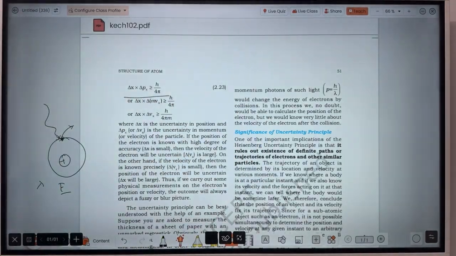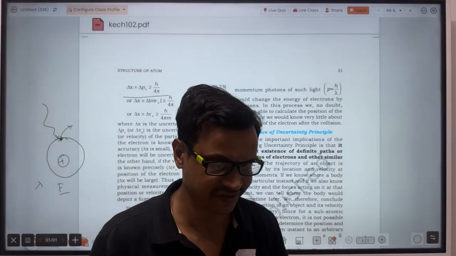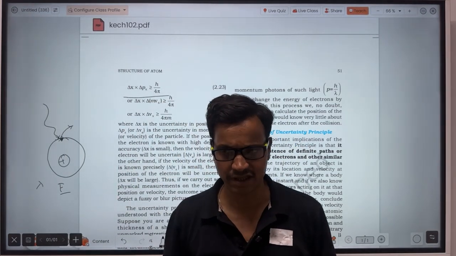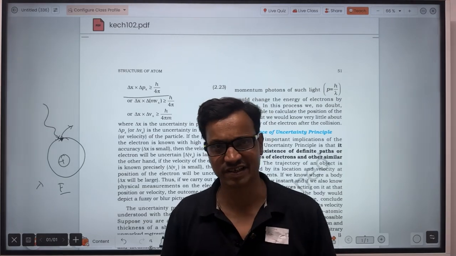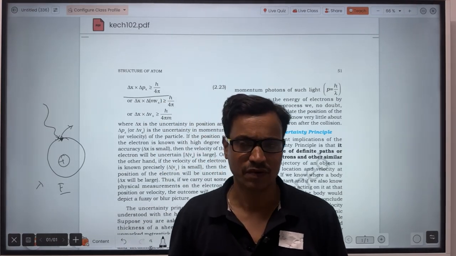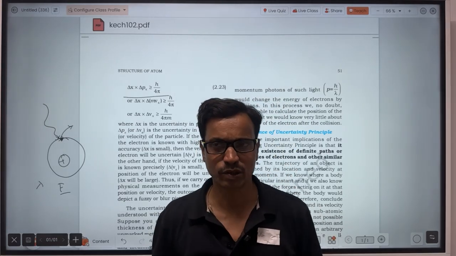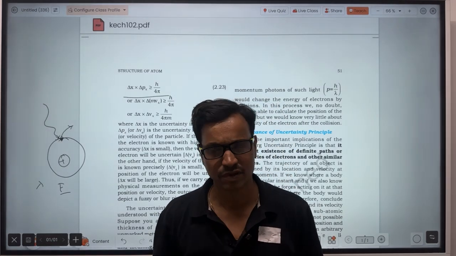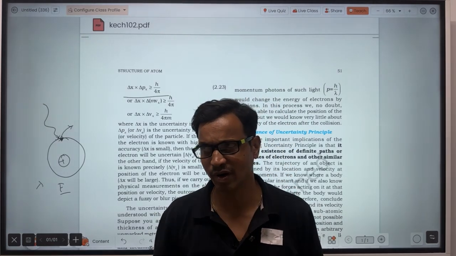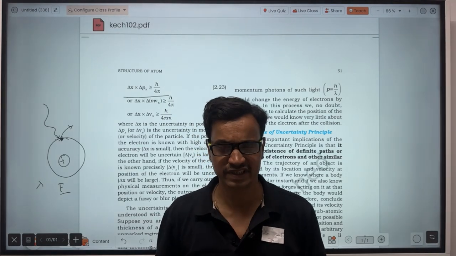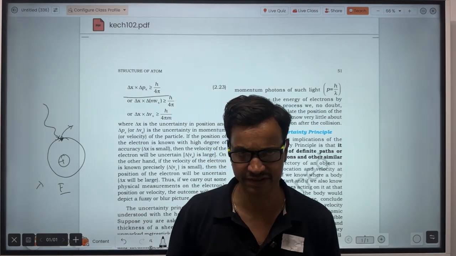And when you take a photon of larger wavelength, then there will be inaccuracy in the position of the electron. That's the reason Heisenberg's uncertainty principle states that we cannot calculate both position and momentum of the electron accurately beyond a certain limit.